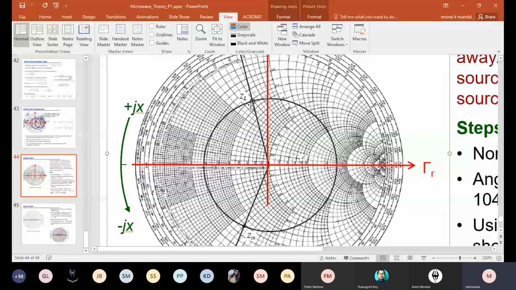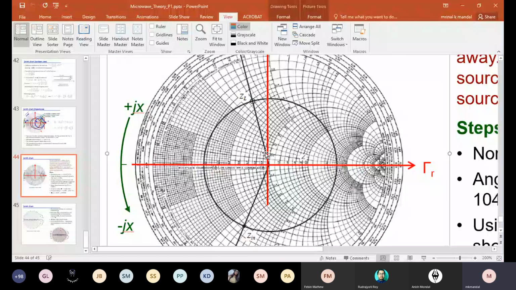Since ZL is given, we can read out the reflection coefficient at the load end, because this is the gamma plane. What will be the magnitude? You just measure from the center to this ZL. This distance gives you the magnitude of gamma at the load end. And what is the reflection phase? You measure it from the gamma r axis.